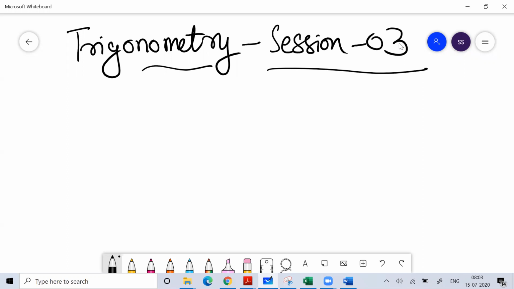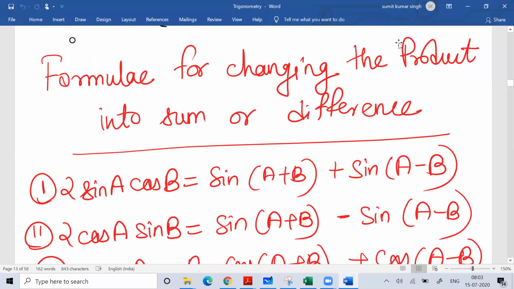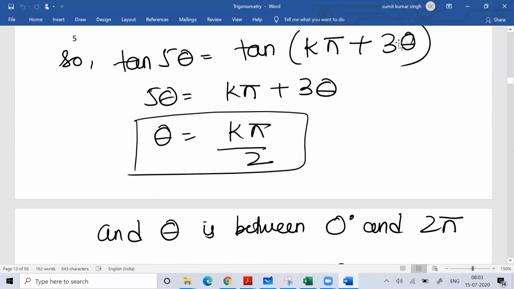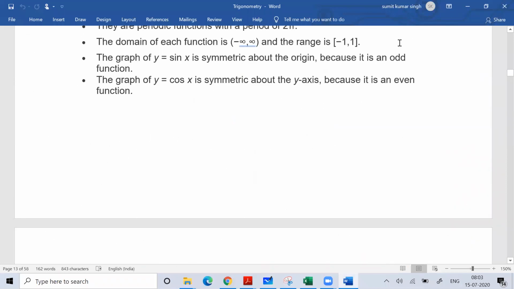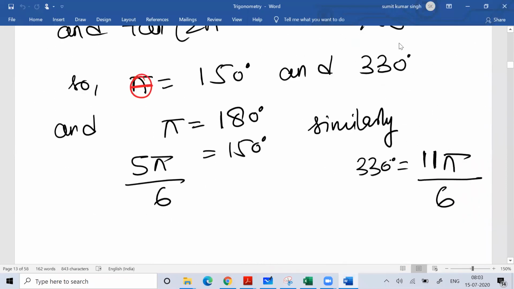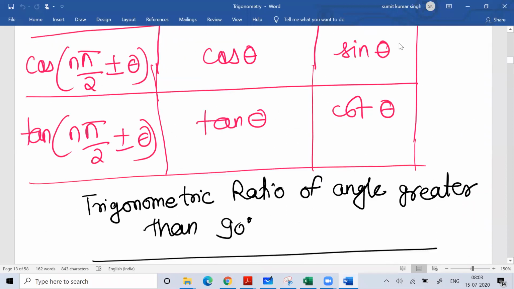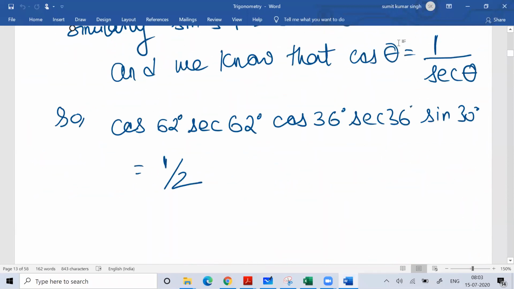So, guys, I hope you have liked the previous two sessions on trigonometry and that you have learned a lot from them. Basically, we had started discussing our concepts on different trigonometric ratios. What is the history of trigonometry?